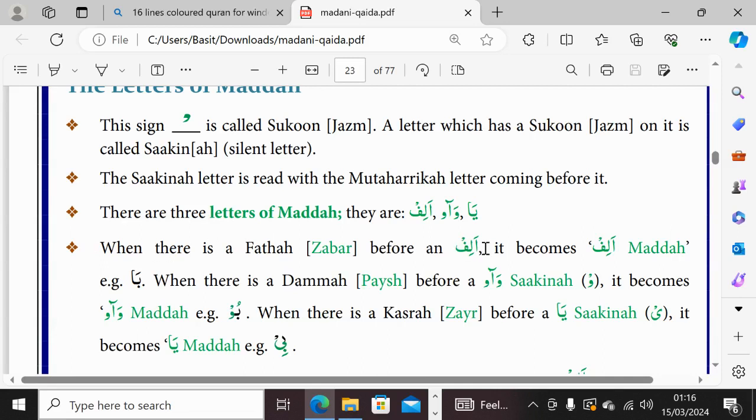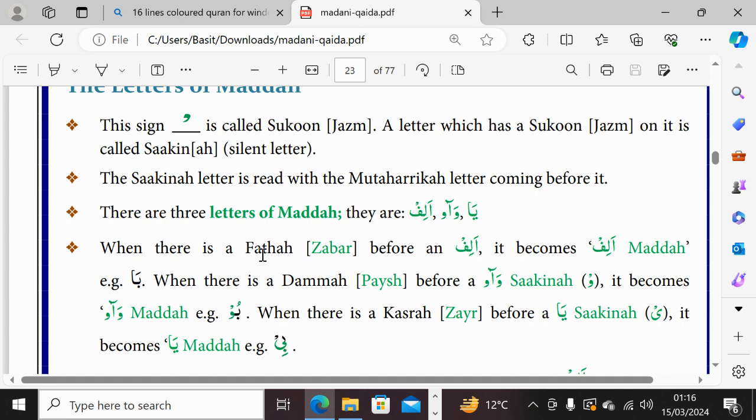The symbol of Alif Madda: when there is a zabar before an alif, it becomes alif madda.